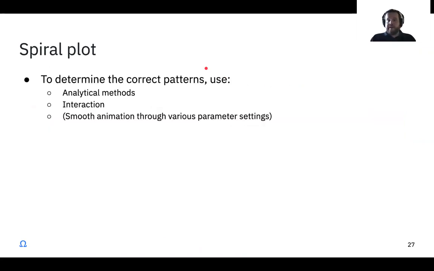So to determine the correct patterns, we either have to use analytical methods. So we have to go over the data and find the period somehow, or we can use interaction. So that's another way.